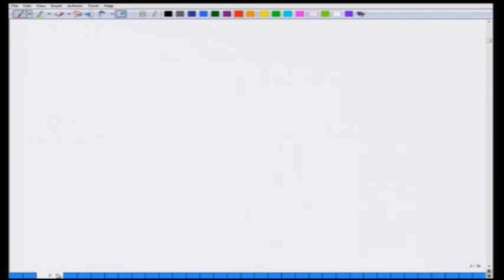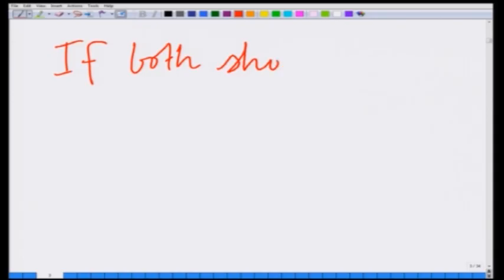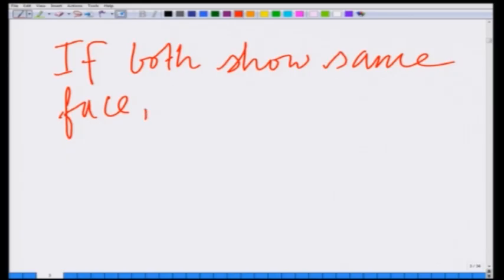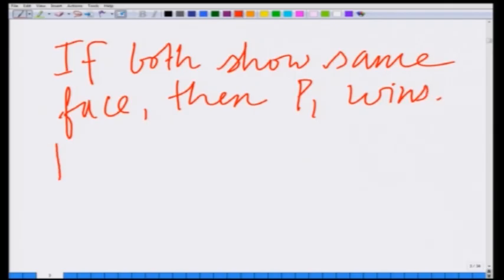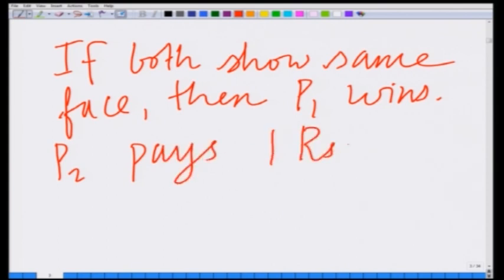Now, the catch is that if both show the same face, then player 1 wins and P2 pays, let us say, 1 rupee, a token amount, to P1.